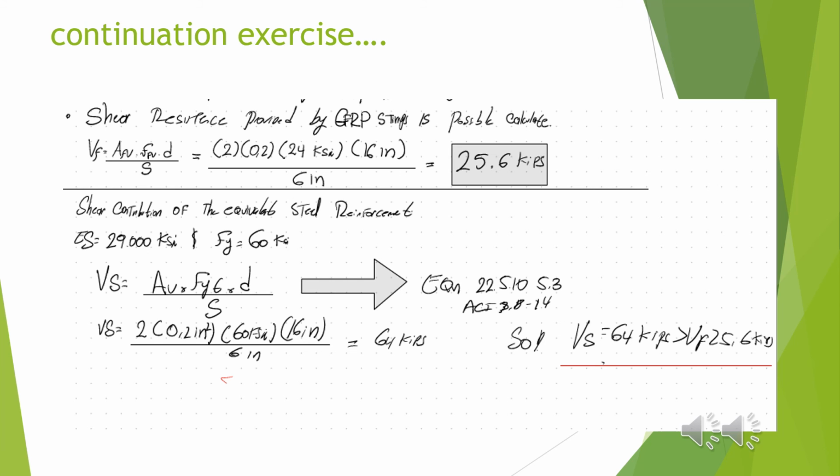With the development of more accurate models, there is a potential to increase the limiting strength, which will in turn increase the shear resistance provided by the GFRP stirrups. So it will technically not be 25.6 kips, but rather significantly greater. However, this can only be achieved with research into this material.